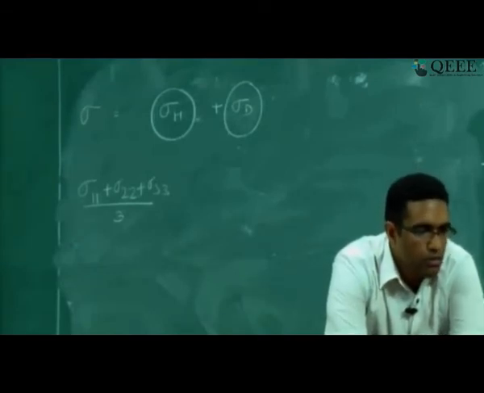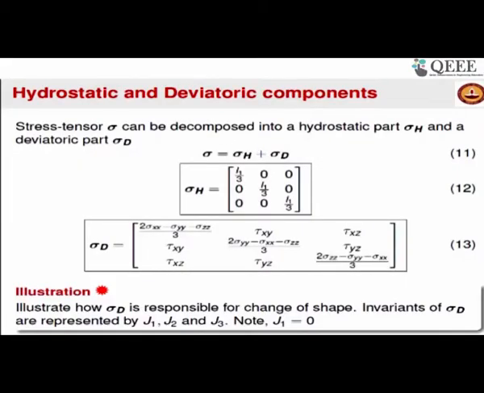In slide number 11, I have written down the hydrostatic component. The hydrostatic component is nothing but I1 by 3, right? I1 is nothing but the sum of the diagonal elements. So I1 by 3 gives the hydrostatic component in the manner that I have written.